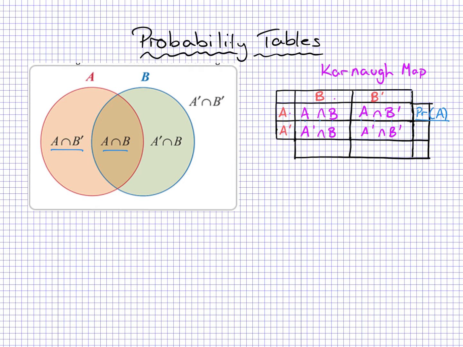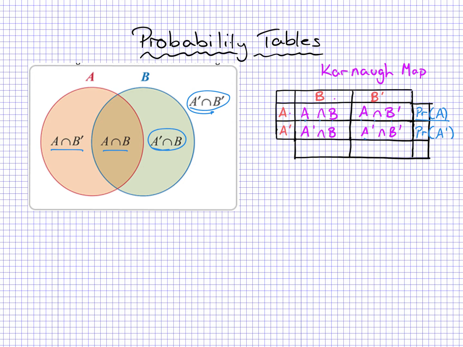So going across the row shows me the probability of the A event. The same thing happens with the next row down. Not A intersection B, which is that part there, added together with not A intersection not B, which is that part there, gives me everything that's not in the A circle. So that's the P of not A. So that's the A events. Going down the columns, we get the B events.